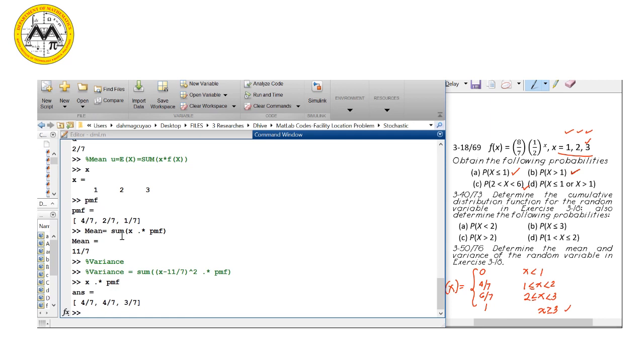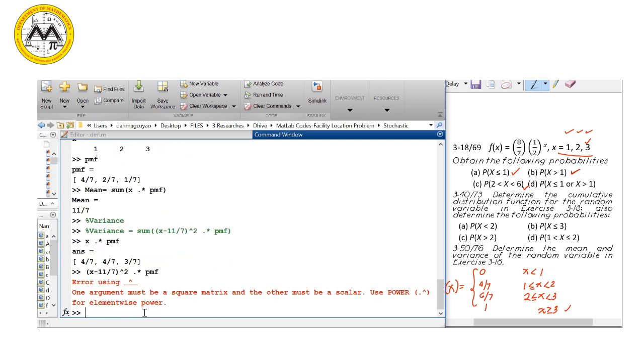So if we want to do that for variances, we subtract x minus the mean squared times the PMF. Oh, sorry, this should be element-wise raising to power 2.